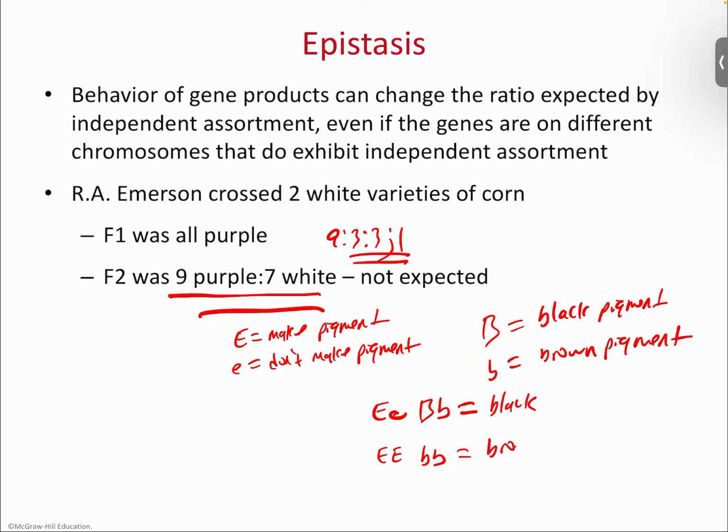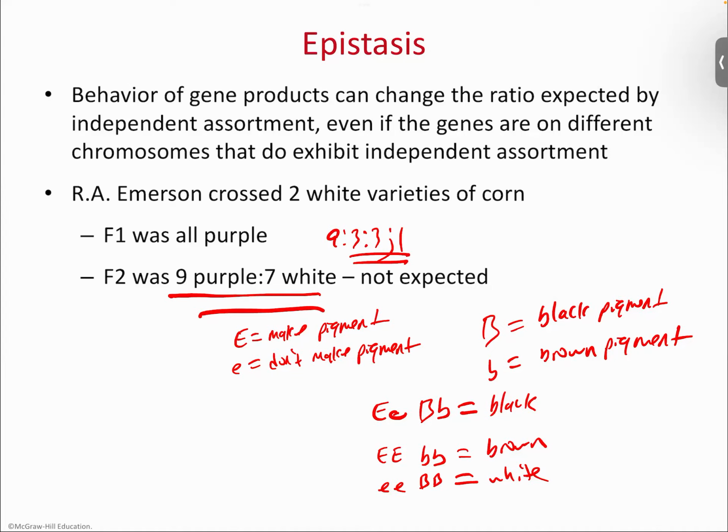This will make brown pigment. But what if I have this? So this one will make no pigment, which typically will be white, right? Because the decision in E has to be made first. And this one said, okay, since I'm dominant, I'm saying go ahead and make pigment.